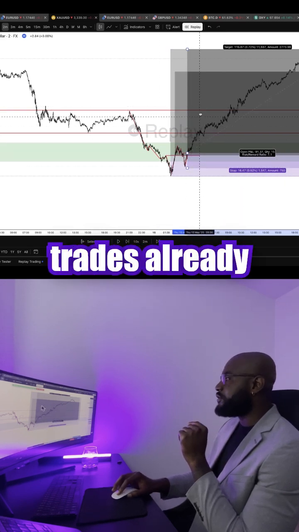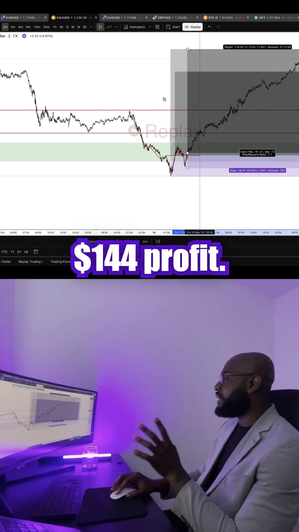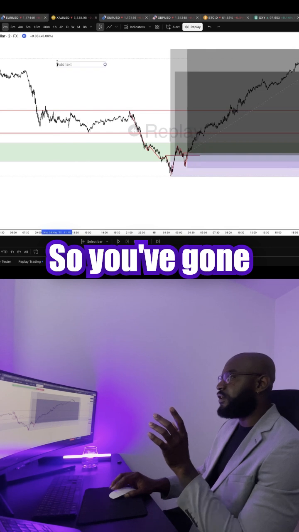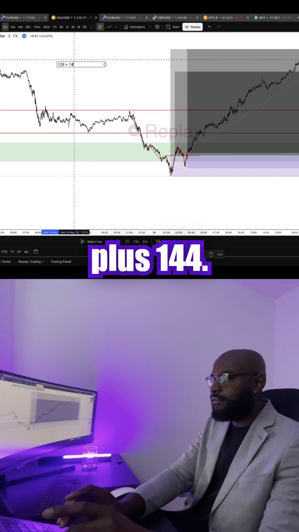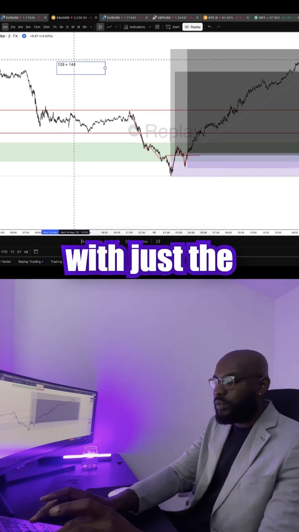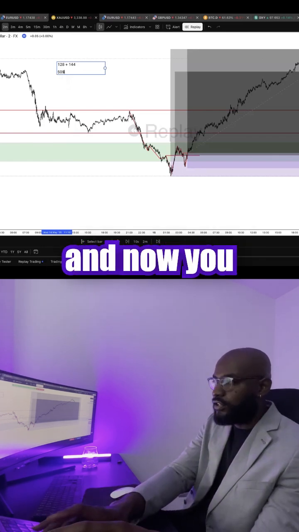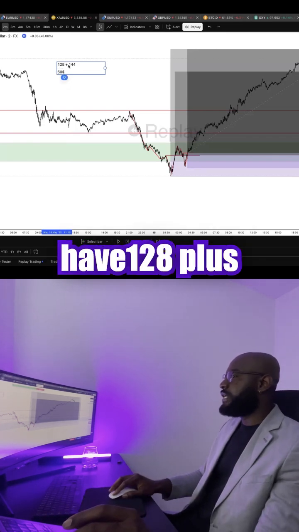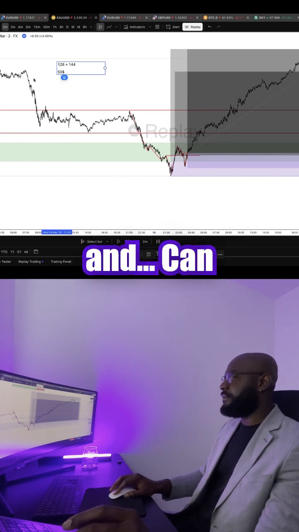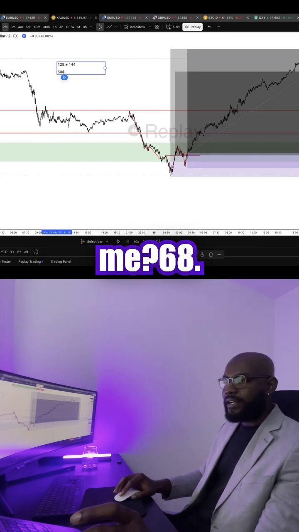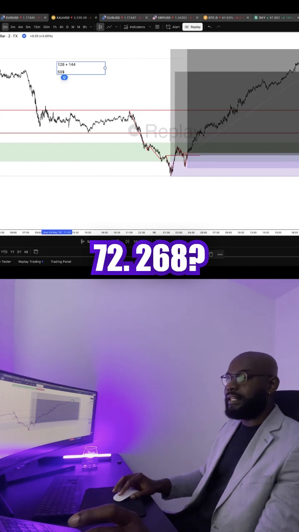So these two trades already flipped the account from 128, you've made an extra $144 profit. So you've gone from $128 plus 144. And this is you trading with just a $50 account. Your $50 account has gone from $50, and now you have 128 plus 144, should be around 200 and... can someone help me with the calculator or something? 272.